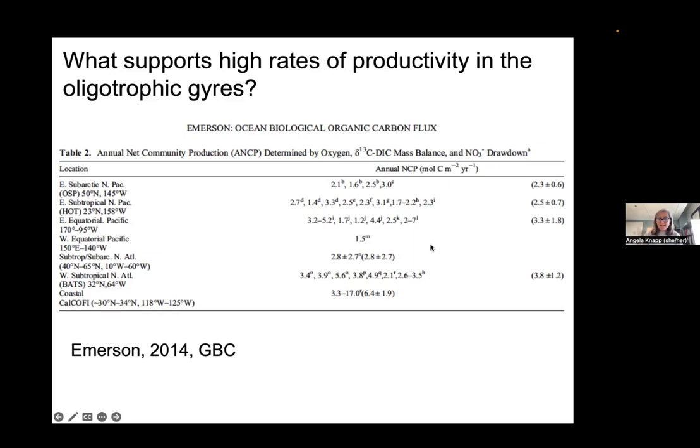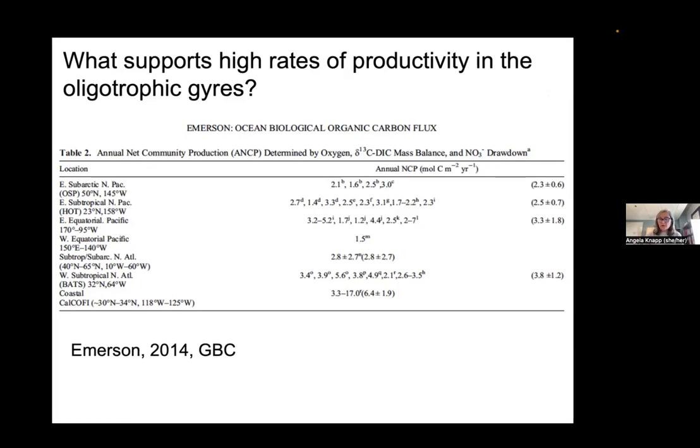And what's interesting is that the rates, if you take the average of these, are largely similar. A lot of people have known this for a long time, but I love this table because I think it really underscores just how high rates of productivity are in these oligotrophic waters.